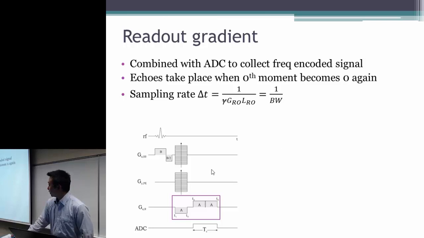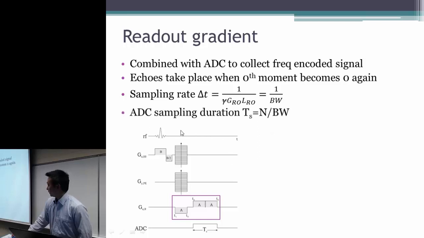As for the sampling rate of the readout, if we know the readout bandwidth, the delta t between two sampling points along the readout is 1 over the bandwidth. It's very simple.